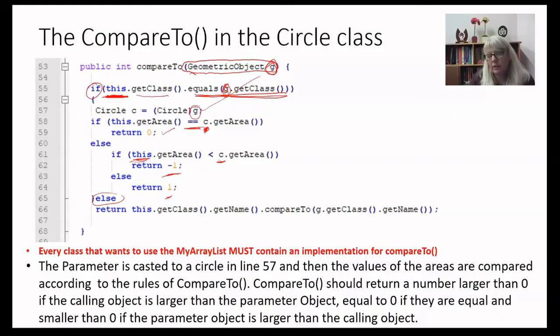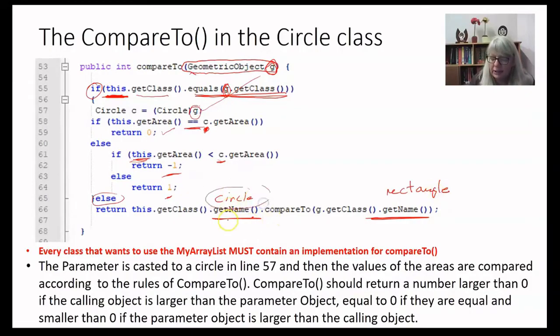What if it's not? Then I'm comparing apples with pears, or perhaps circles with rectangles. So I don't want to raise an error. I could have. That would be one thing. But then I sort of limit my use of polymorphism a lot. A trick is to get the name of the class, so let's say the calling object was a circle, and compare it with the name of the parameter, let's say it was a rectangle.